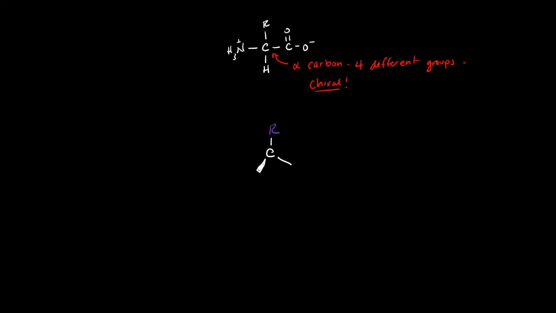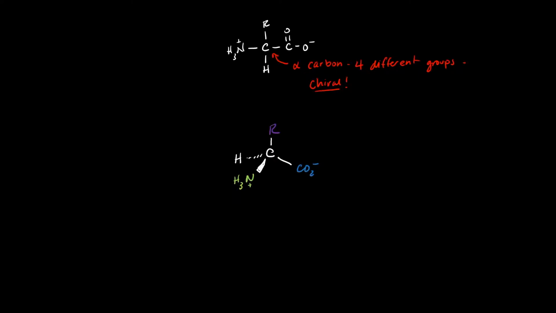And those 2 compounds with the different arrangements are enantiomers of each other. It turns out in biochemistry, when we have amino acids that are in proteins, they all are the same enantiomer. They're all the L enantiomer.